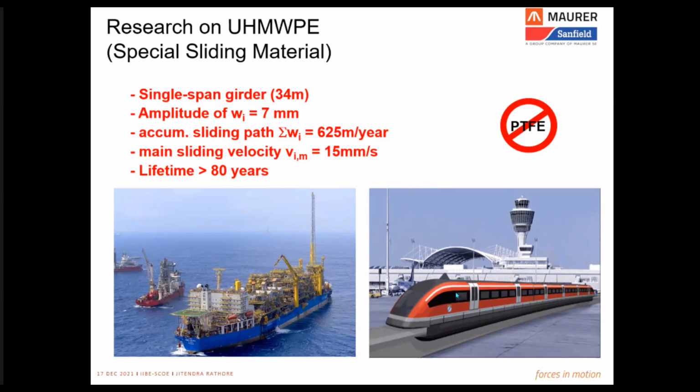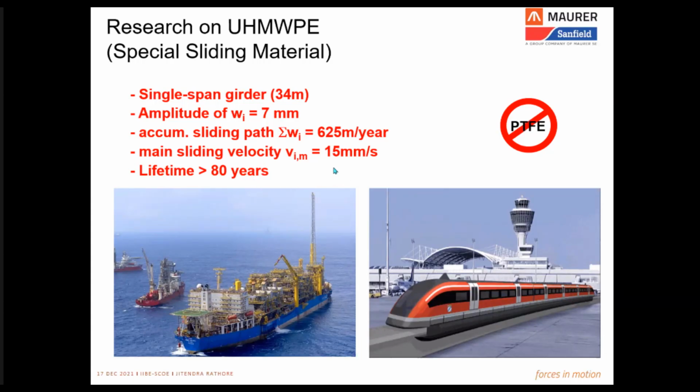The performance parameters laid down in the specification for the bridges were that with the passage of every train car, there would be an anticipated movement of 7 millimeter at the bearing location, which gives an accumulated total movement in a year of more than 625 meters. That means roughly more than half a kilometer per year. And they demanded a bearing system which should fulfill a service life of 80 years.